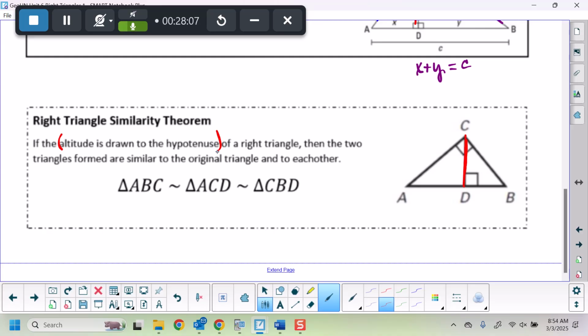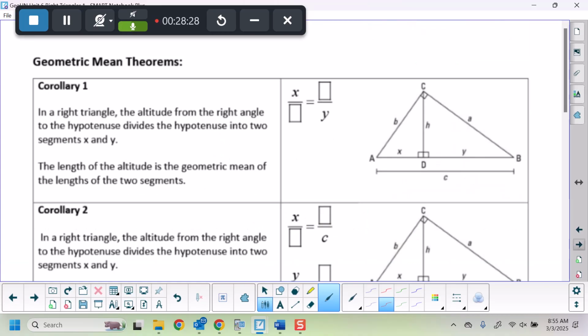You have a physical proof of this. We went ahead and did a physical proof of this theorem. So we all agree that it matches because we had angle similarity, no problem. Feel good about that? All right, on to the next part.